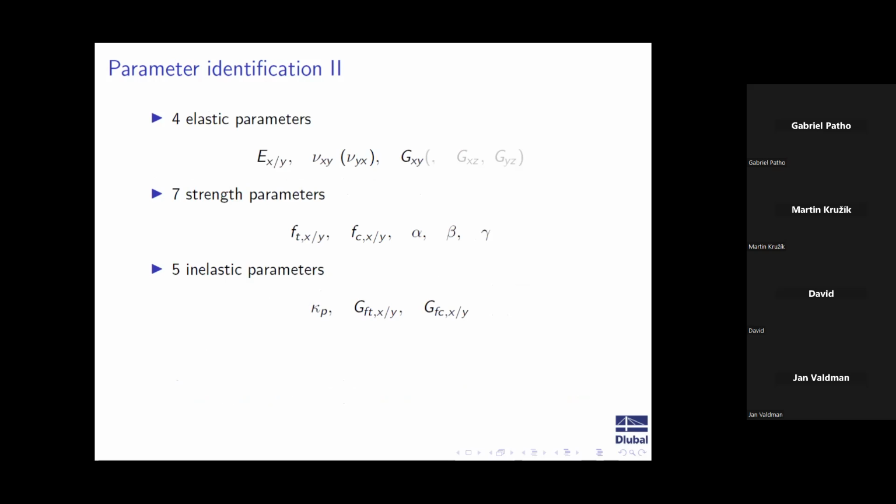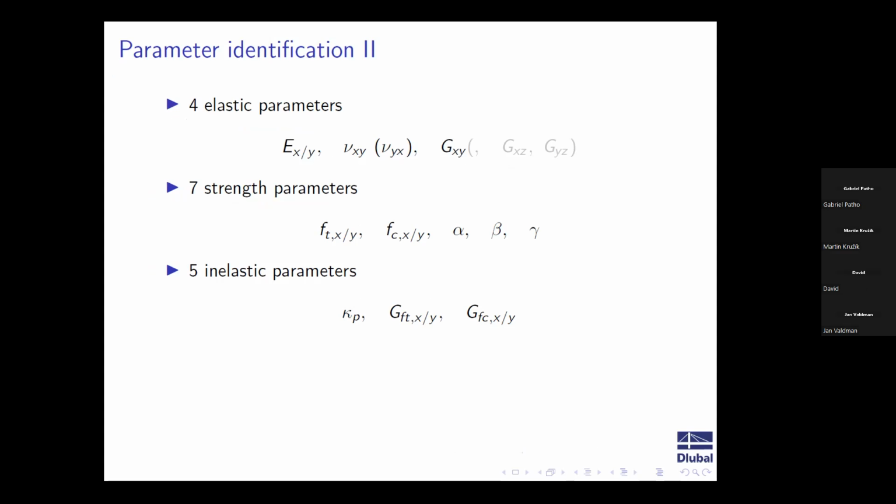So let's tackle them one by one. We have 4 elastic parameters to define my elastic region in the orthotropic regime. We have 7 strength parameters, the different uniaxial compressive and tensile strengths, and these alpha, beta, gamma to shift around my yield surface, and these additional inelastic parameters.